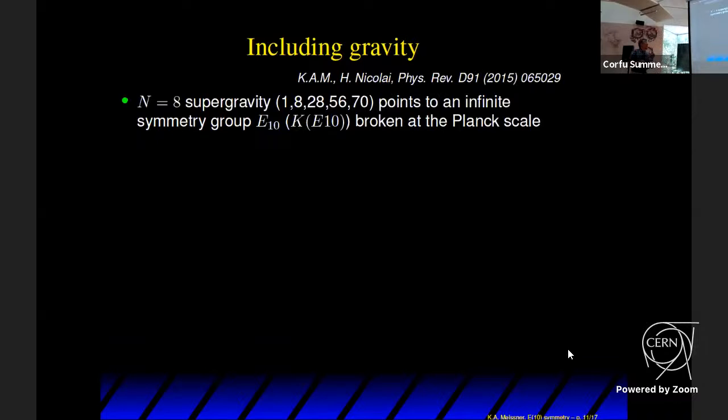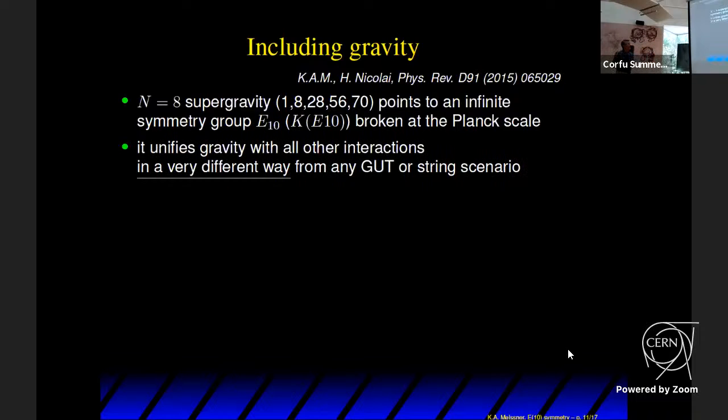So n equals 8 supergravity, as I again flashed the field content, points to an infinite symmetry group E10, and it's really infinite. Infinite and infinite can be different. This is a really horrendously infinite group. Of course, the number of generators is infinite. It grows exponentially with the level, and that's a horrendous thing mathematically.